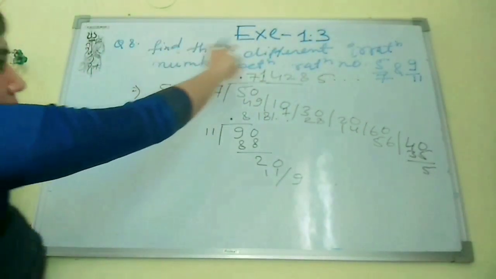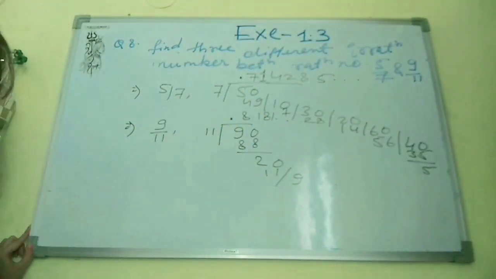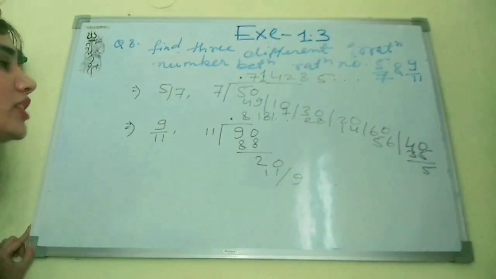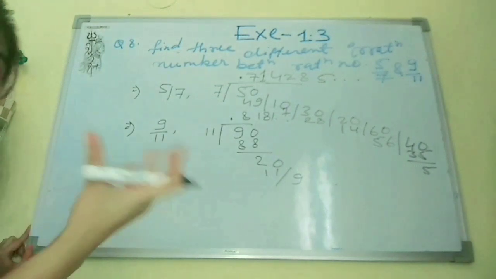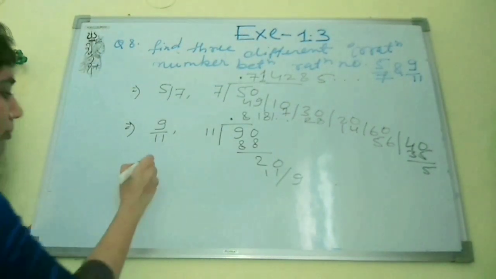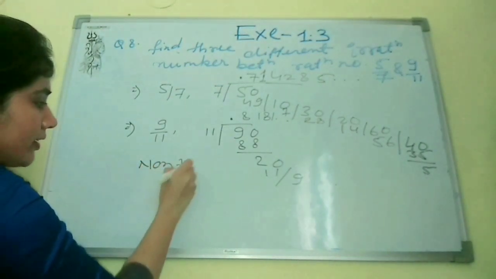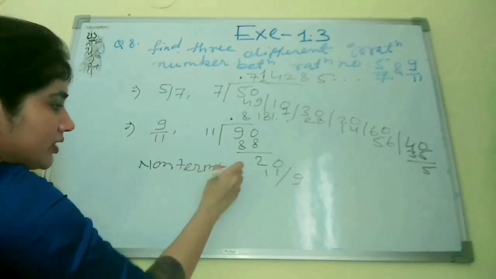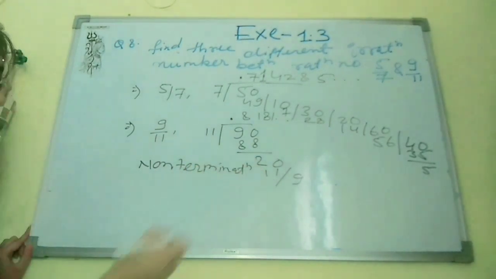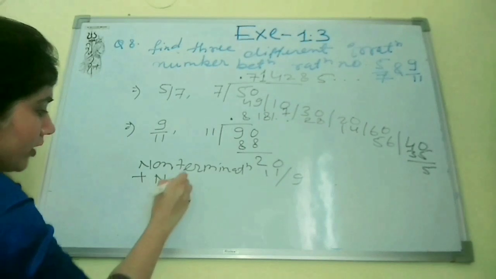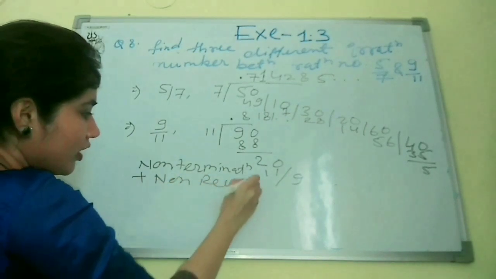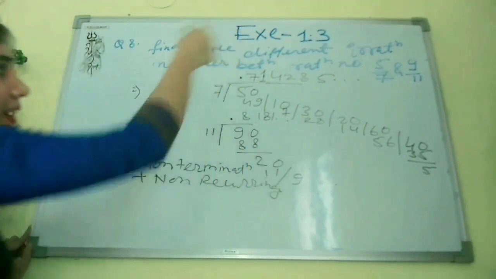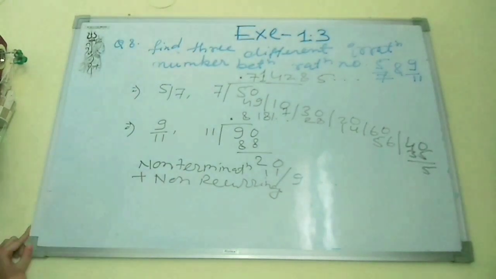Now to find the irrational number between these two numbers, we should know some conditions. The number should be non-terminating after the point. The decimal should be non-terminating plus non-recurring. So we can take any digits of this format.